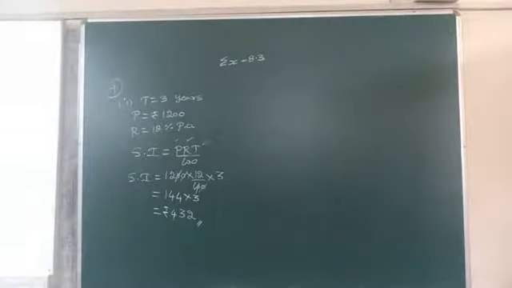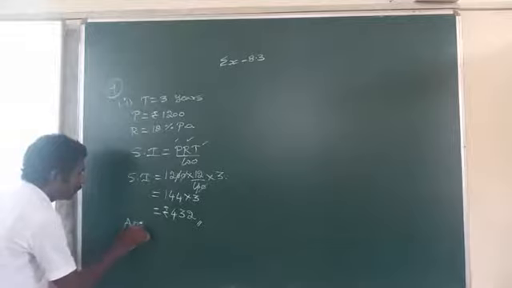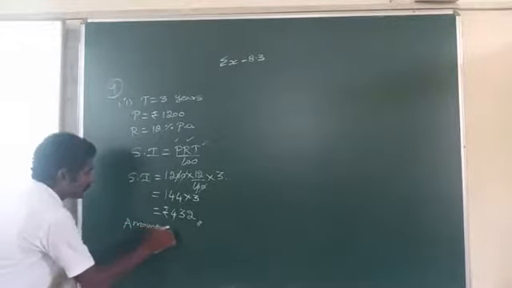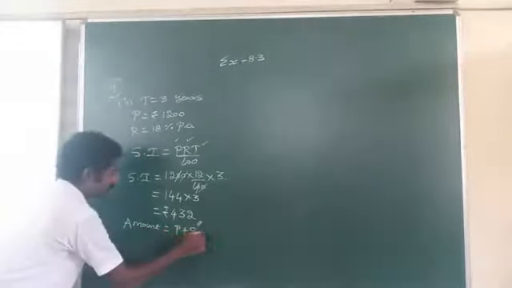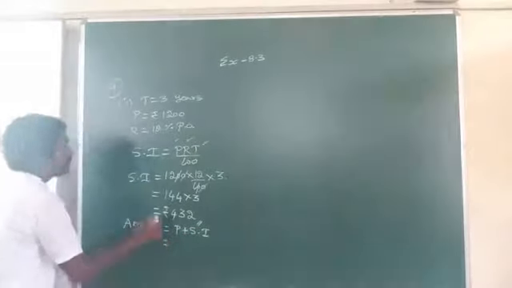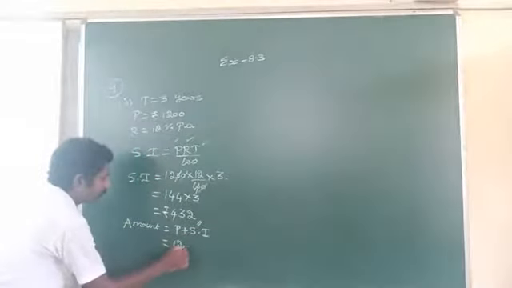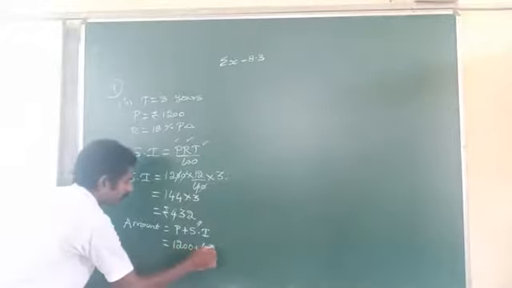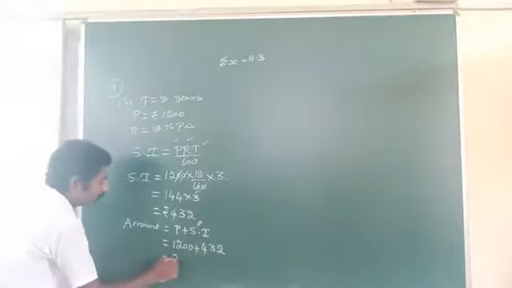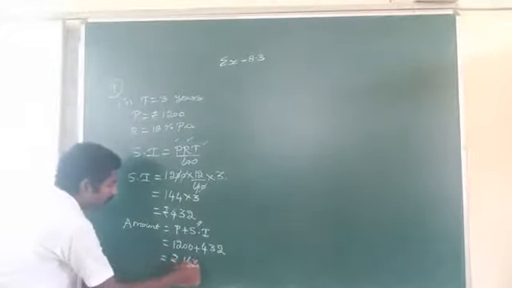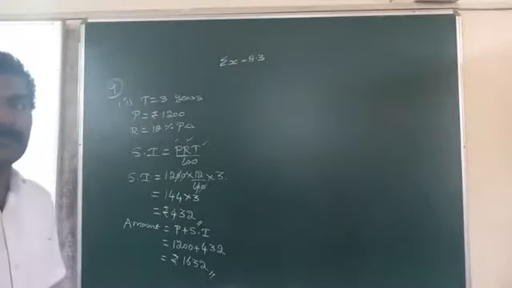That amount is equal to our invested amount, that is the principal, plus the simple interest. 1200 plus 432 is 1632. This is the amount we will get at the end of 3 years.